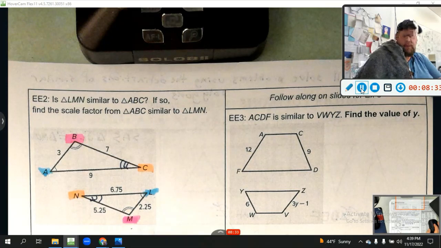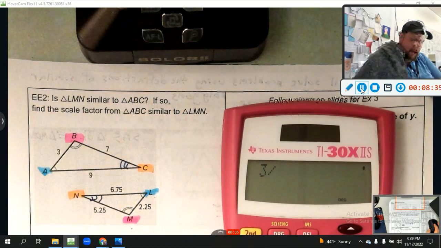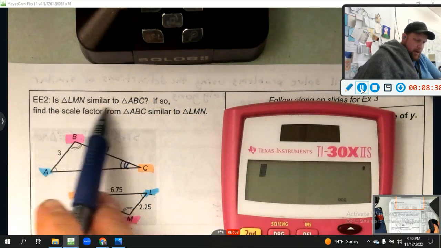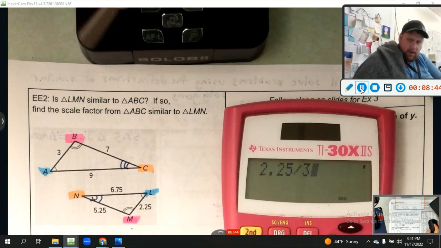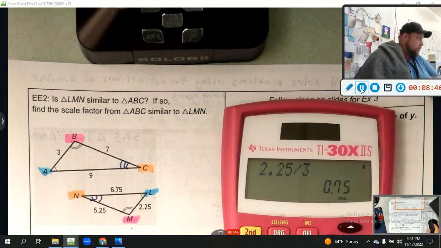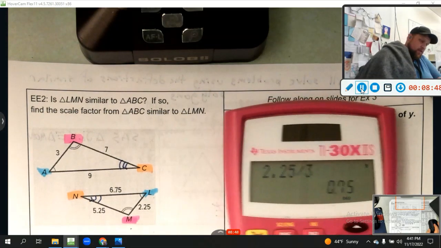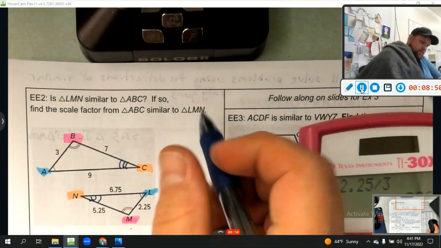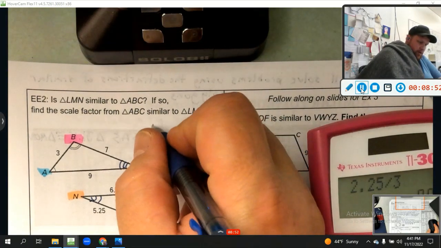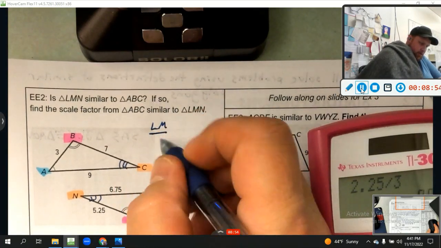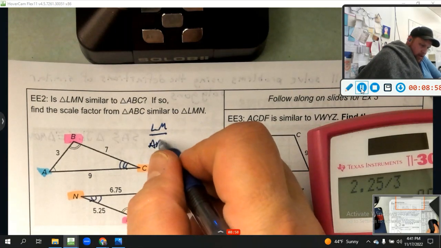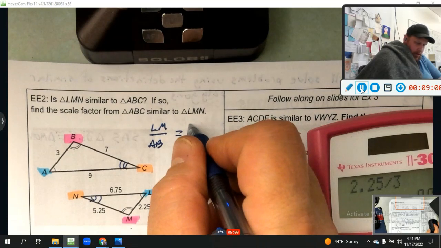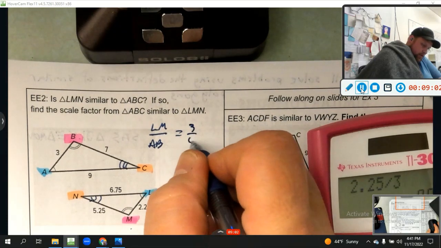Okay? And let's try MN over BC. MN over BC equals, let's see, MN is 5.25 divided by 7, 3/4 again, 0.75, 3/4. And last, let's go ahead and try NL divided by CA.